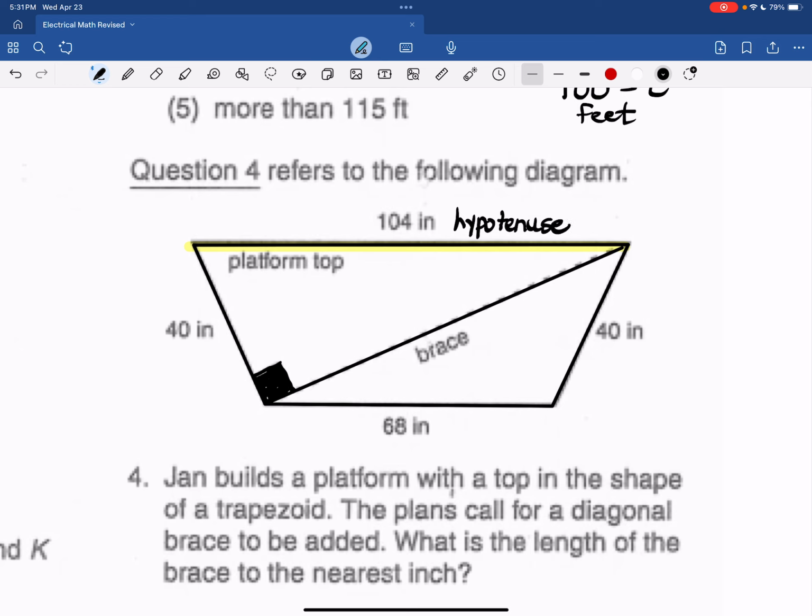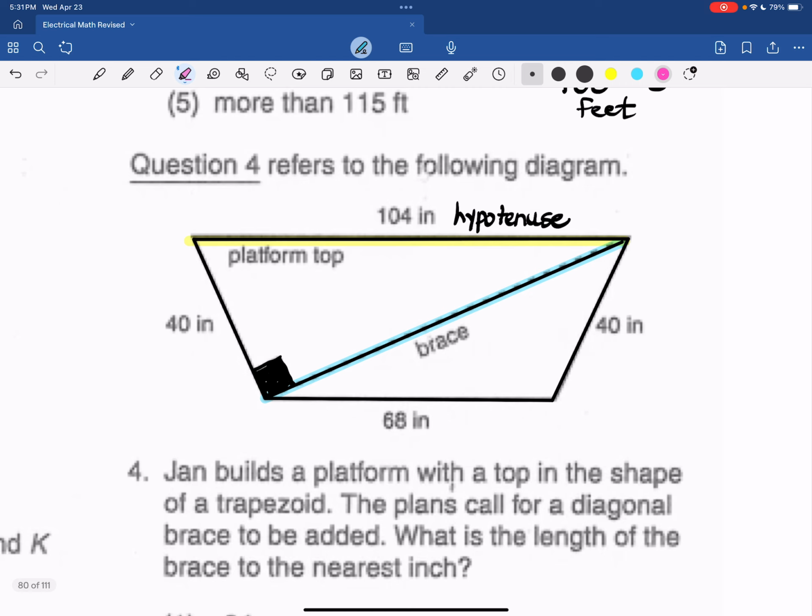And then we can see the legs of this thing sitting in here as well. We have a leg here and a leg here. Okay, and we know that this one is 40. We know that the hypotenuse is 104, and we do not know the length of this brace.